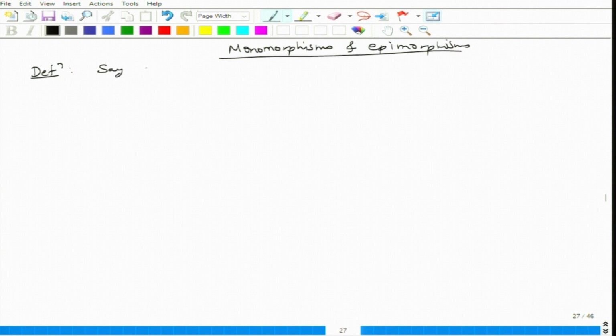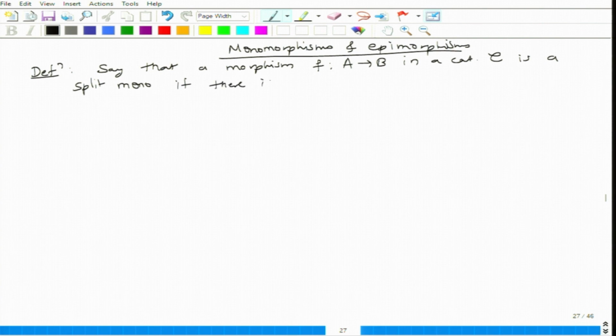Say that a morphism f from A to B in a category C is a split mono, mono means monomorphism, if there is g from B to A such that g composed with f is equal to identity on A.